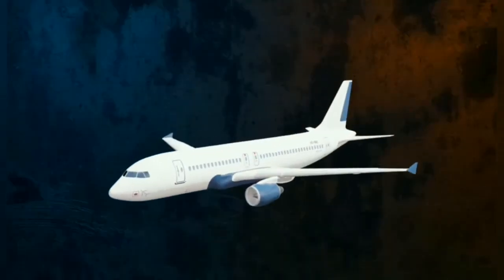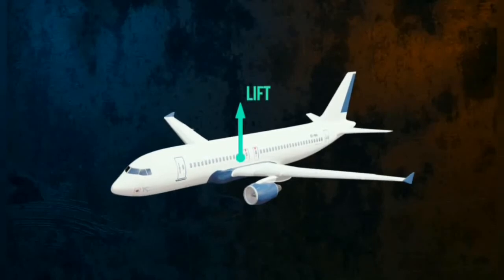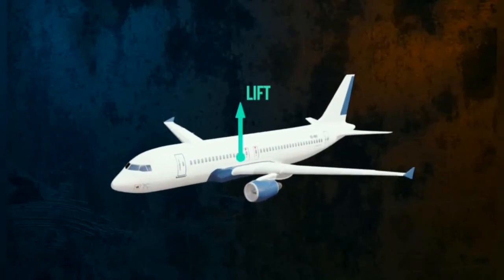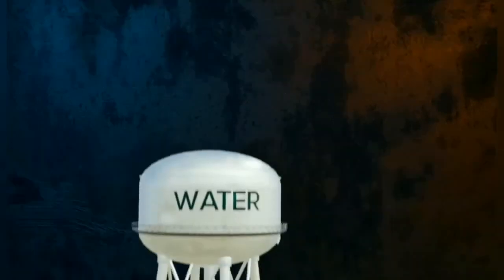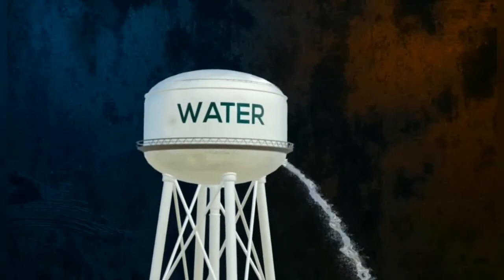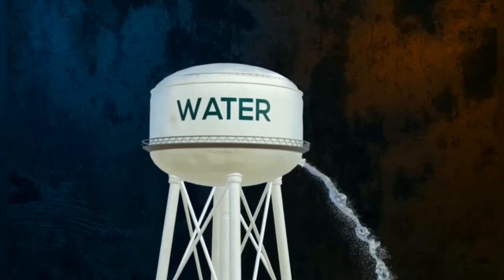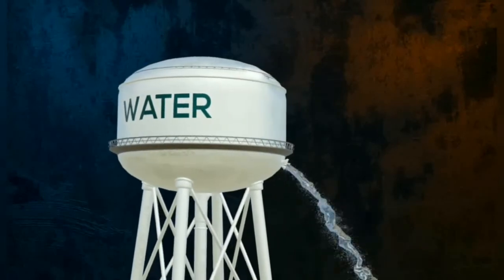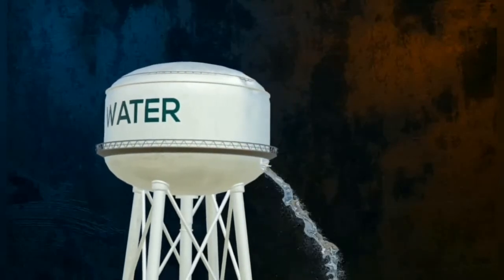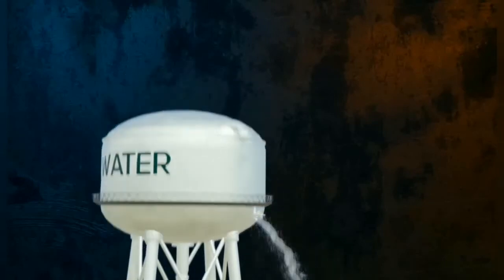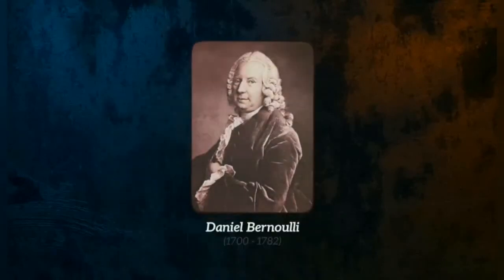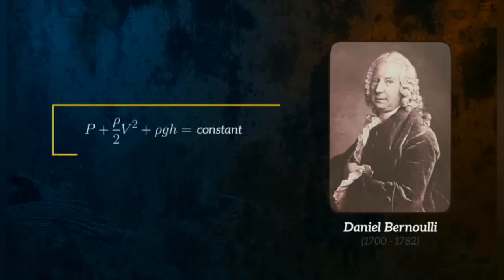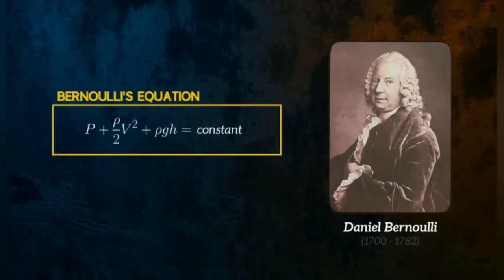We can use it to explain how planes generate lift or to calculate how fast liquid will drain from a container. We will explore these applications and a few more later on. But let's start by reviewing the equation itself. It was first published by Swiss physicist Daniel Bernoulli in 1738 and it looks like this.